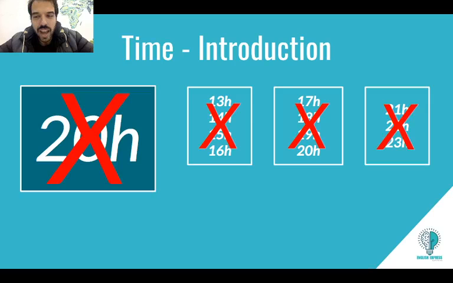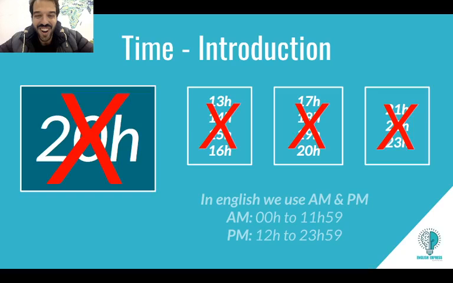Amazing. Why? Because in English, we always use AM and PM, okay? So we use AM. I am writing this there just so you can understand. This is not in English, okay? What I wrote there is not in English. So AM is from 00 hour or midnight, right?